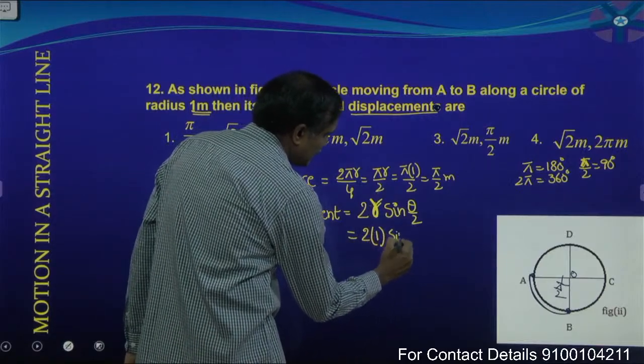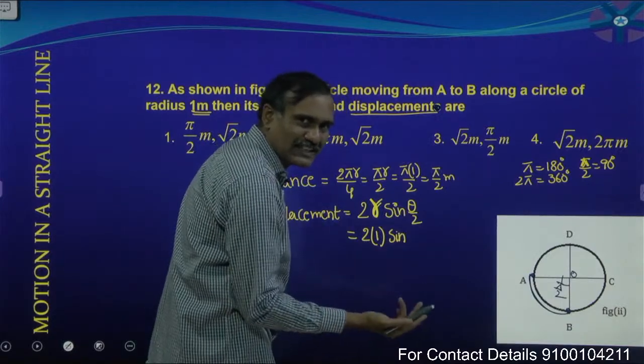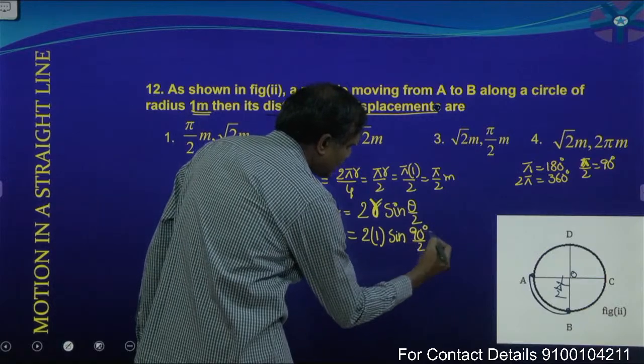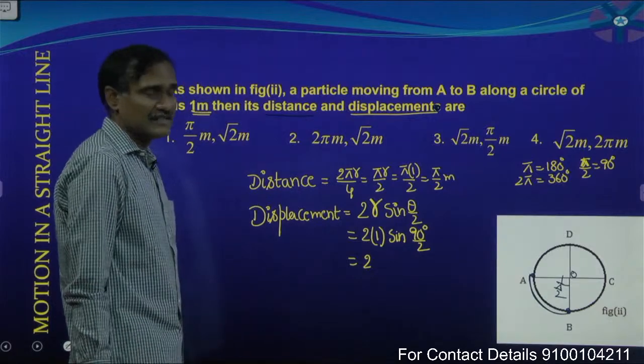Theta is given as pi by 2, and pi by 2 is nothing but 90 degrees. So 2 into sin of 90 divided by 2, that means sin 45.